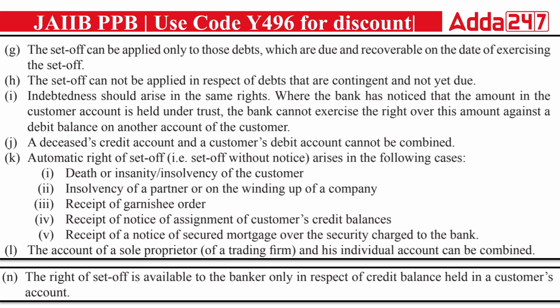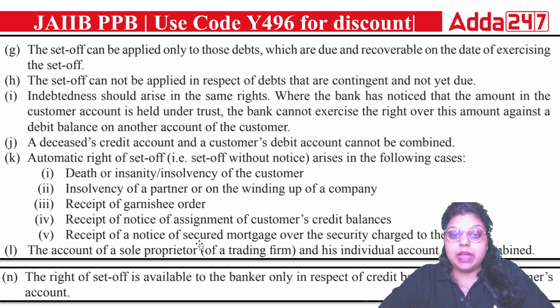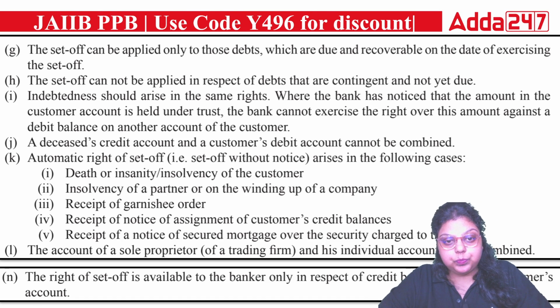Also, the account of a sole proprietor and his individual account can be combined for the right of set off, and the right of set off is available to the banker only in respect of credit balance held in the customer's account. So, these are the certain conditions of the right of set off, like essential features of the right of set off, when it can be performed and when it cannot be performed.